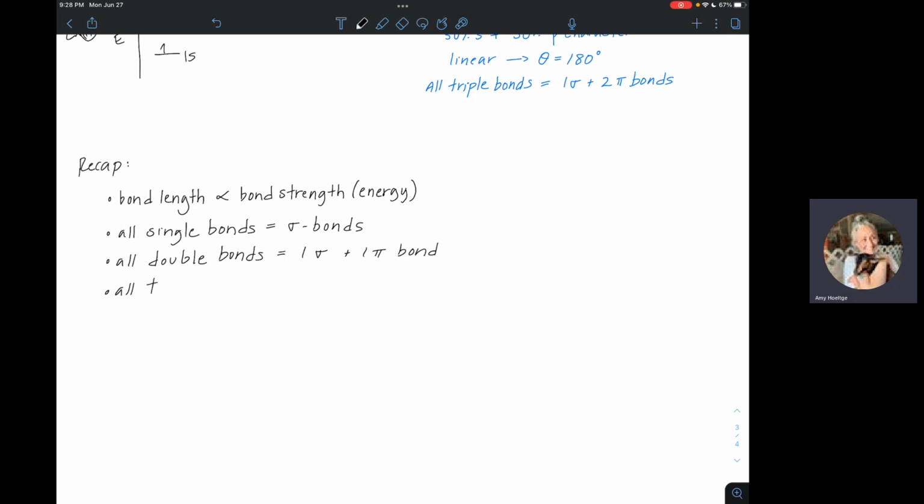All triple bonds are going to be 1 sigma, again from a hybrid orbital, right? And 2 pi bonds.